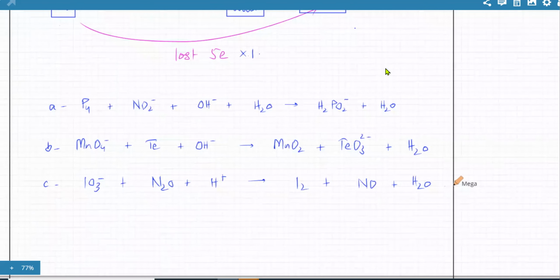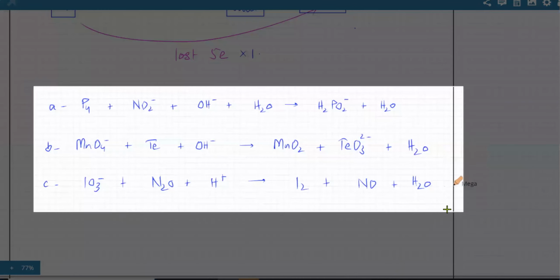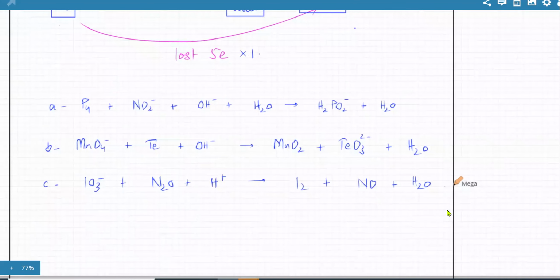So these 3, I'm just taking a snapshot and sending it to you. Try and balance all these 3 equations, and send it to me. I'm putting it up in Google Classroom. Let's talk tomorrow. Try and solve these 3. I'm sending it on WhatsApp as well.